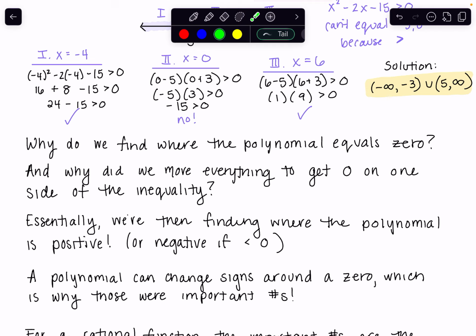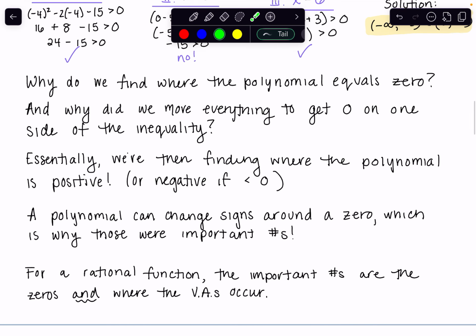There's no other possibilities. So when we're now stepping this up and working with a rational function, it's still the same kind of idea. You can change signs around a 0. But the other thing where we can change signs around is with a vertical asymptote. So that's also going to be a key number for us.